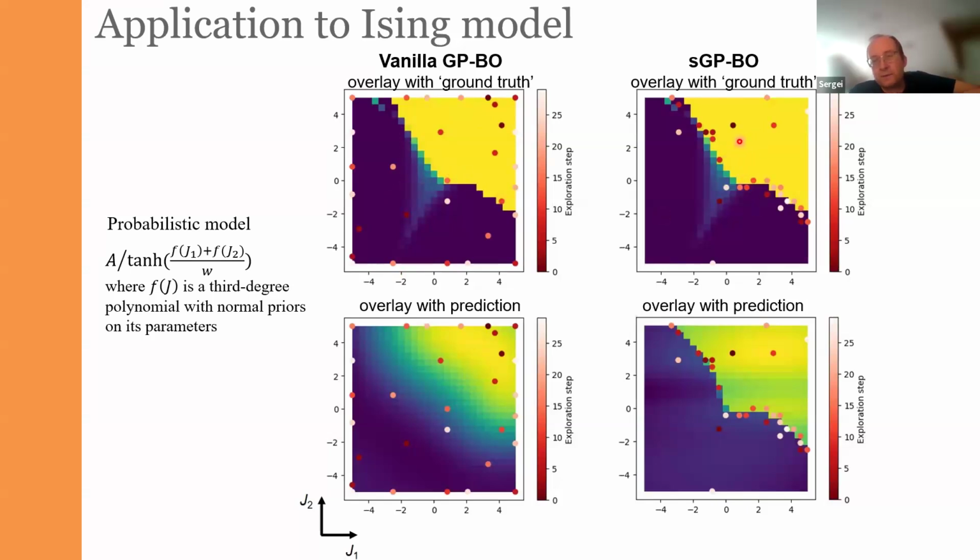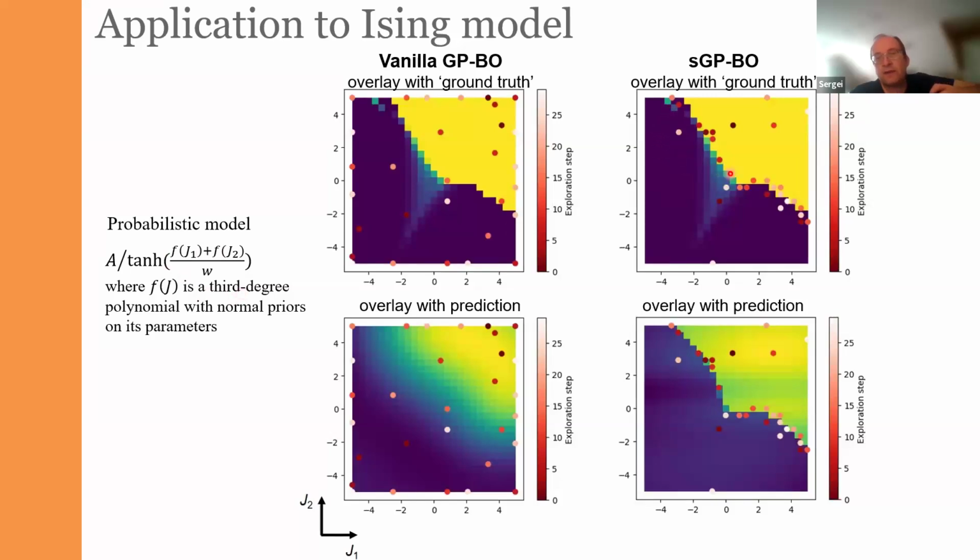And now what happens if, rather than using the Gaussian process, we use a structured Gaussian process? In this particular case, we introduce the probabilistic model that basically says that magnetization is 1 in some regions, 0 in other regions, and these regions are separated by a sharp boundary having this type of shape.